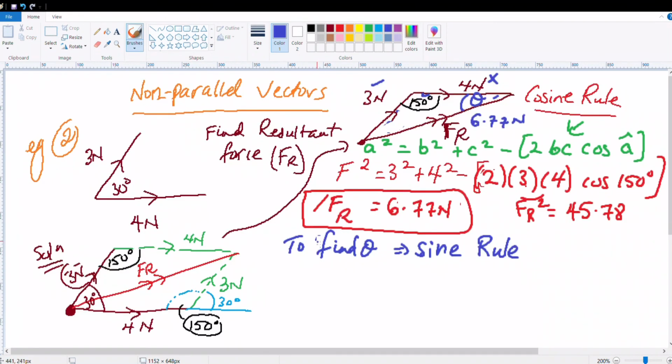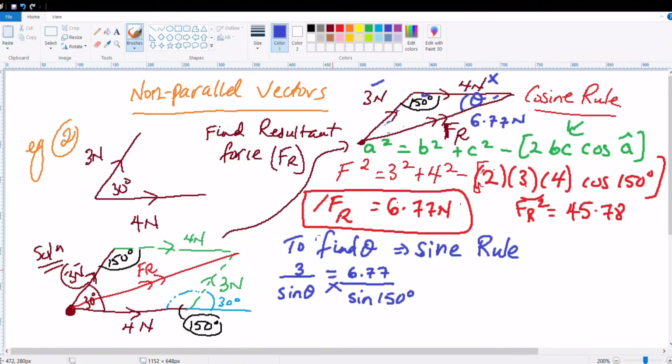So our sine rule is a ratio of one side, in this case force, to the sine of the opposite angle. So 3 newtons over sine of its opposite angle equals FR, which is 6.77, over sine of its opposite angle, which is 150 degrees.